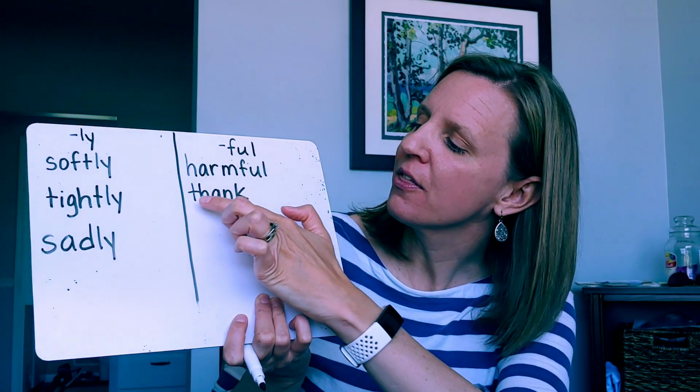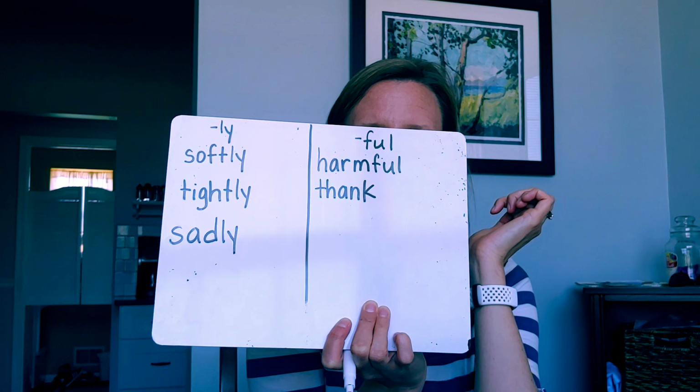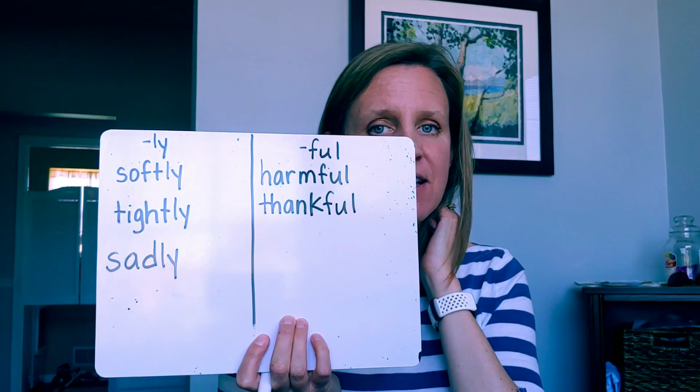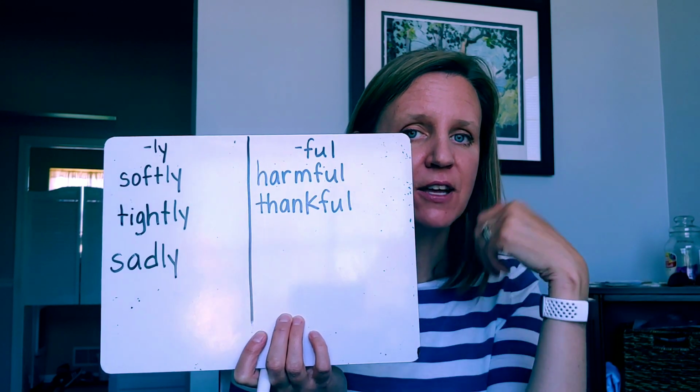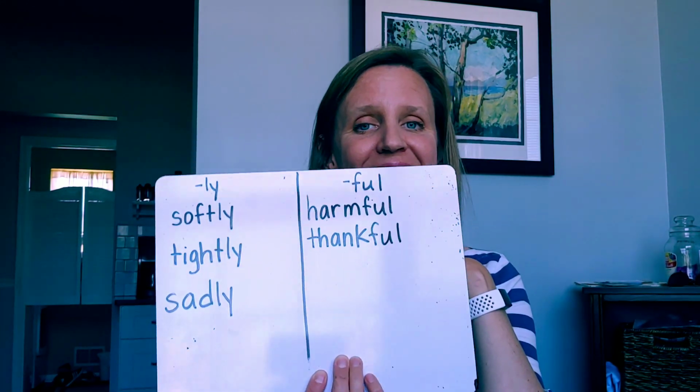Thank. Thank. How can we make thank become the word thankful? That's right, we add the suffix full. The suffix only has 1 L, remember. That suffix just attaches itself to the end of the word thank to make the word thankful.